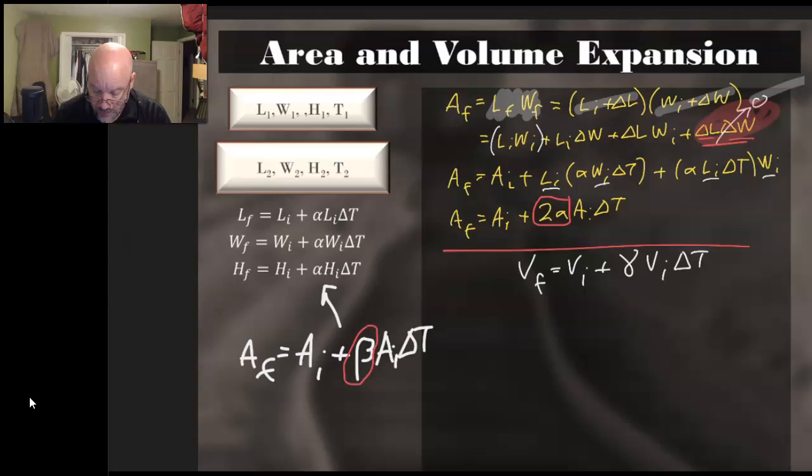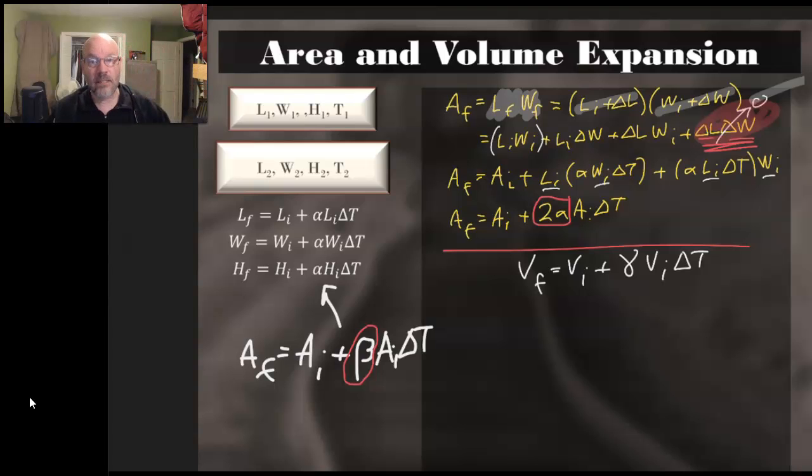not just delta deltas there, we'd end up with a delta L, delta W, delta L, delta H, delta W, delta H. All those we'd throw away, and we would also have a delta L, delta H, delta W. That's kind of hard to say. Delta L, delta H, delta W. Okay, and that's really tiny.